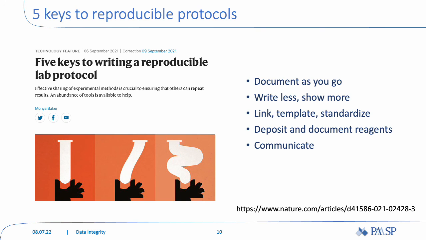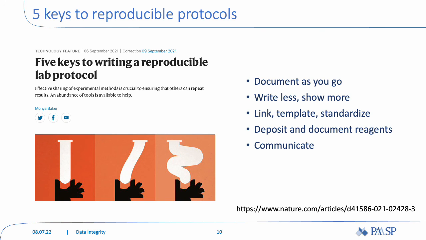Link, template, standardize. These are important points we have already extensively talked about. Create study IDs to link experiments. Use templates whenever possible and align in the lab to standardize as much as possible. Deposit and document reagents.